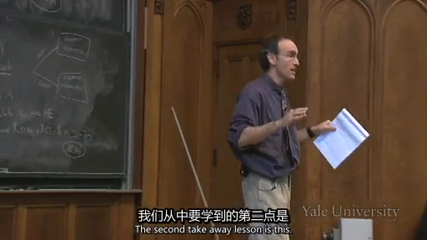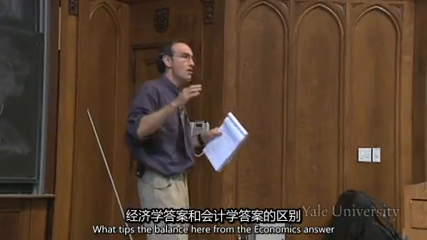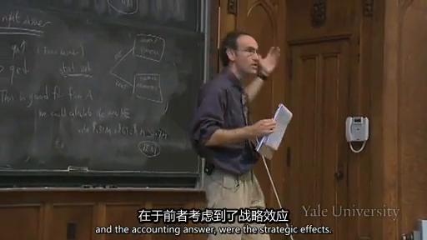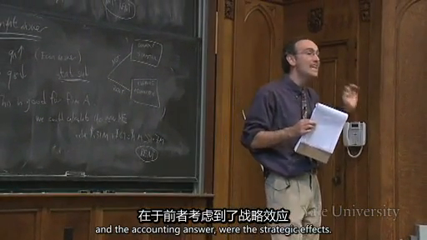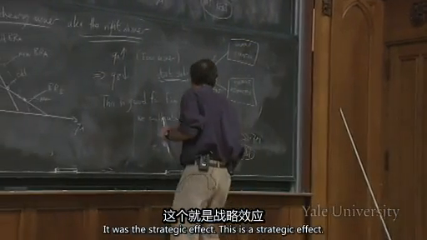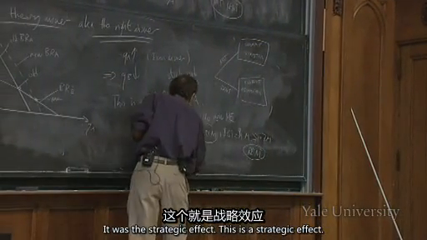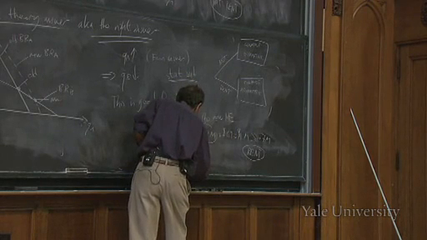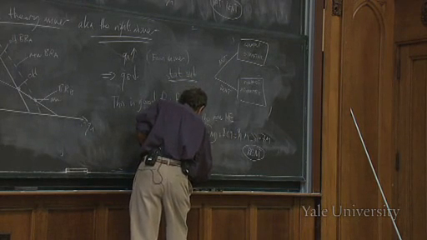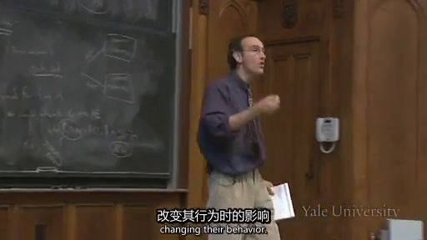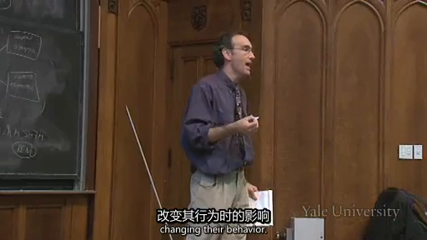The second takeaway lesson is this. What tipped the balance here from the economics answer and the accounting answer were the strategic effects. It was the strategic effects. This was a strategic effect. It was the effect of the other firm or other players changing their behavior.